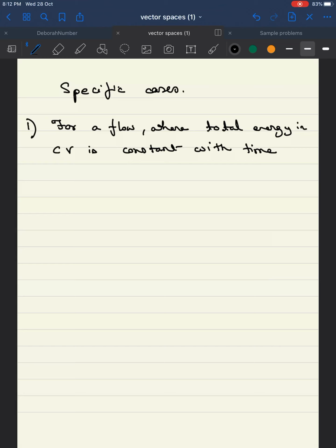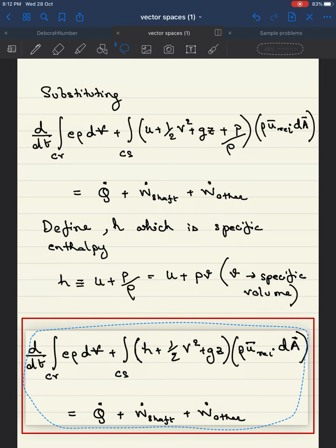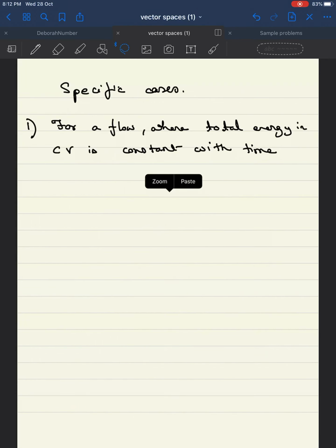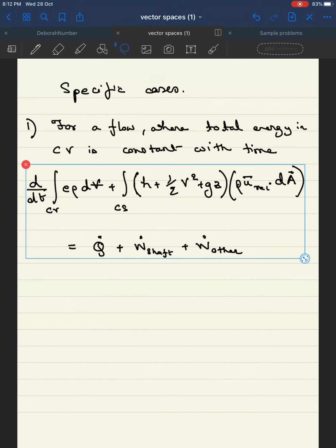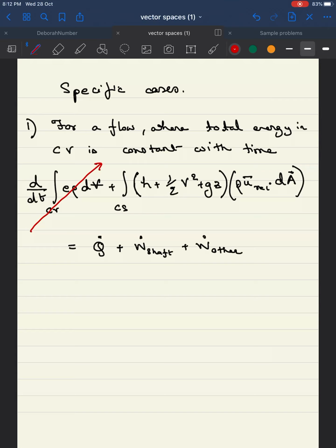Then all you need to do in this particular equation is simply choose to ignore this term.